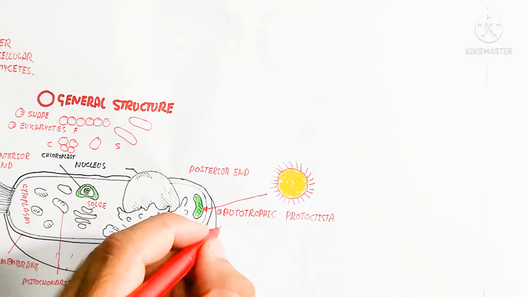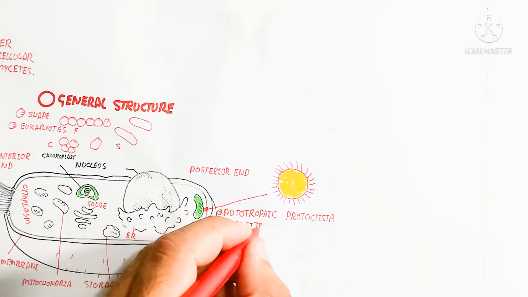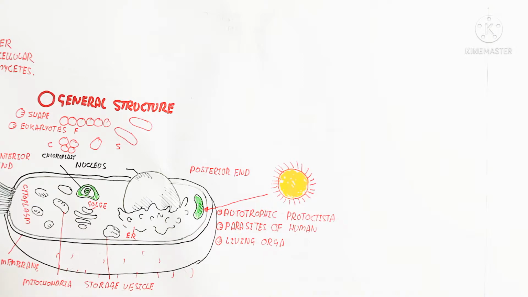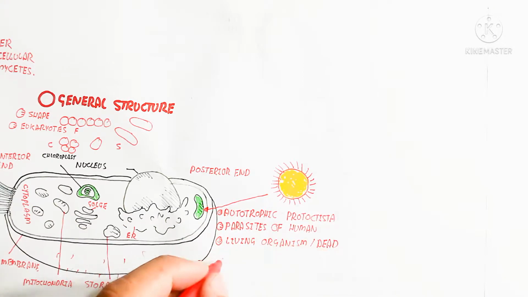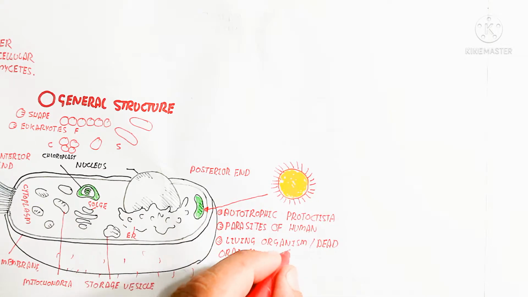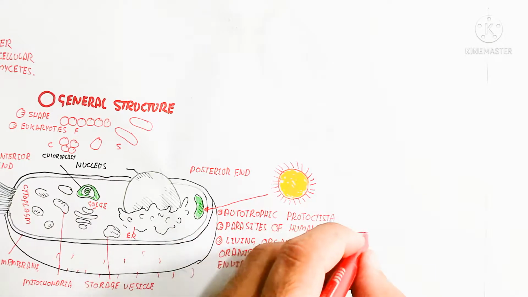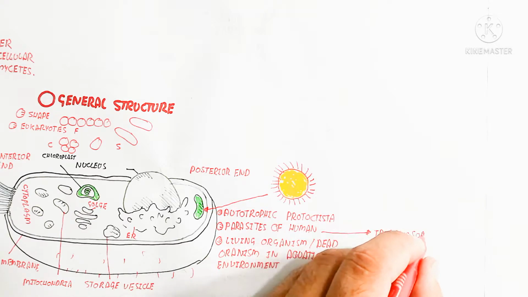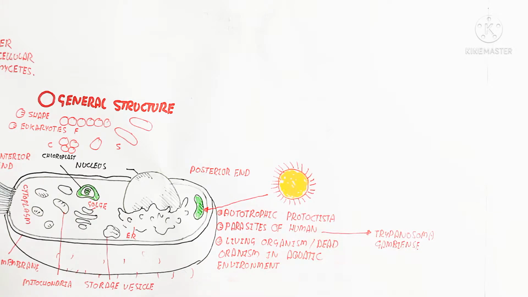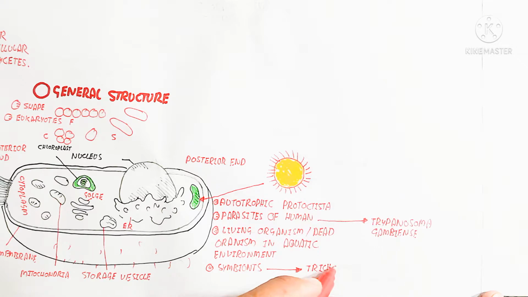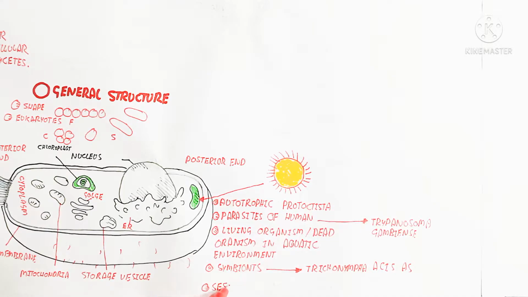When light falls on the chloroplast of the eukaryote protist, the autotrophic protista produces glucose using carbon dioxide and produces oxygen. Remember that Protista produce 90% of the oxygen as compared to plants. They are in the form of algae, we can say that. And some Protista are basically parasites of humans.